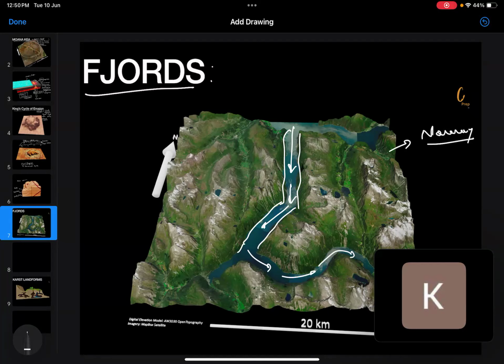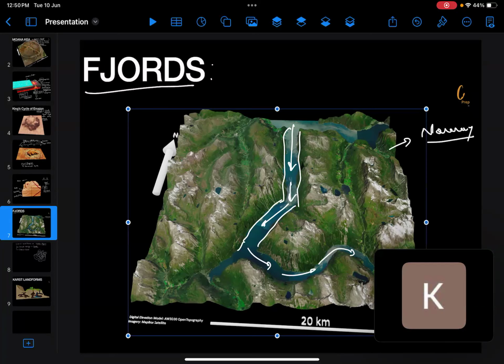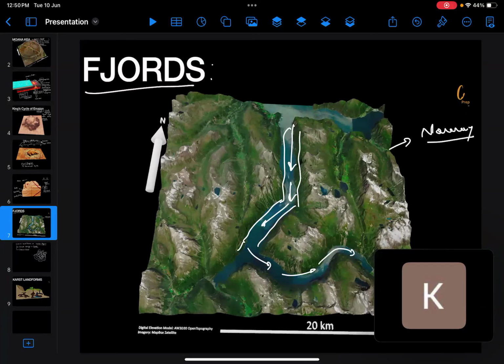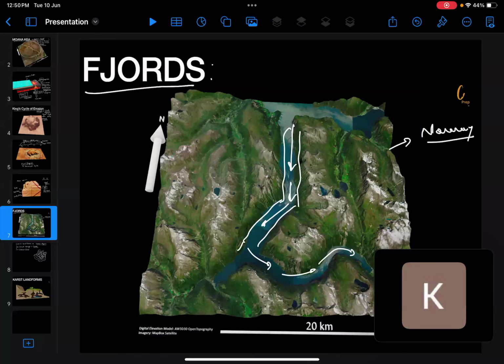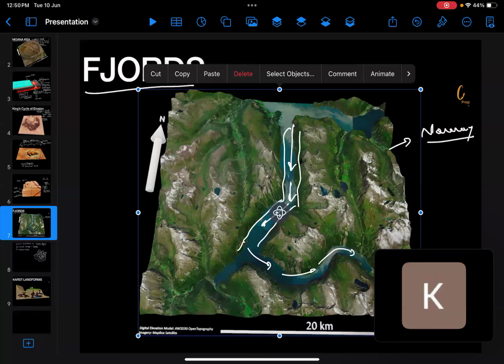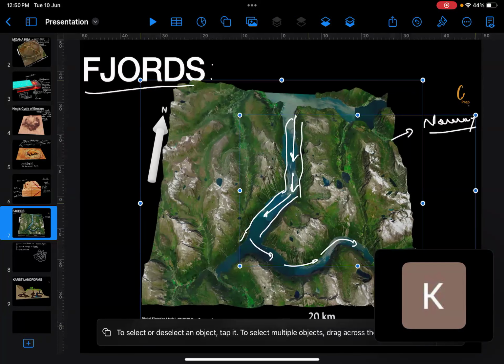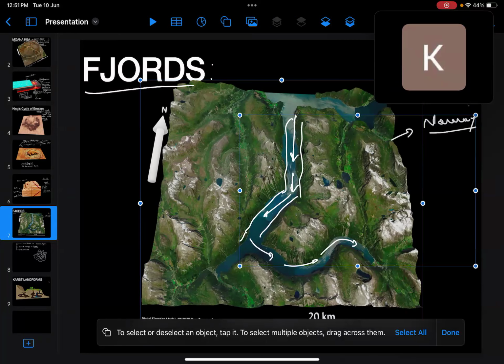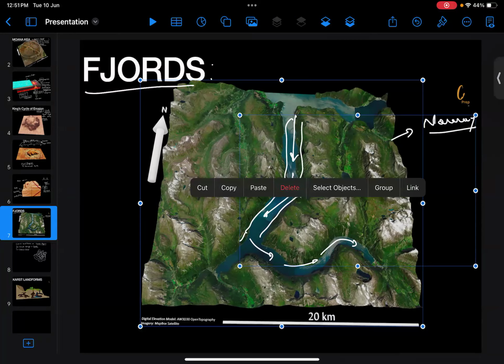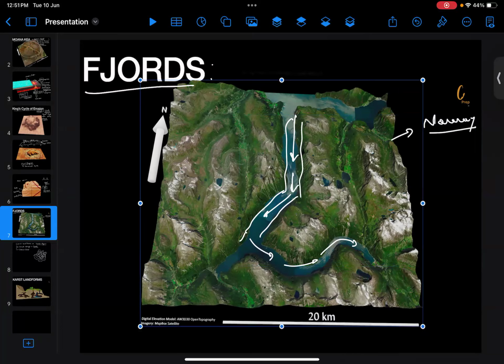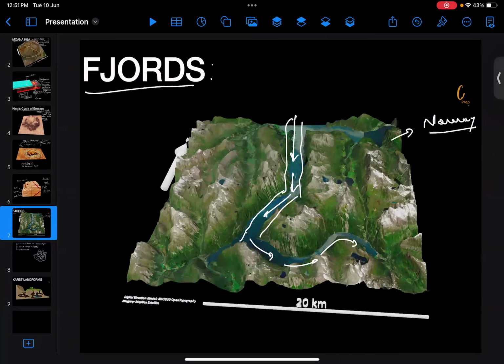This is an example of fjord which is present in Norway. Okay, so looking at this diagram, we can see here this terrain.